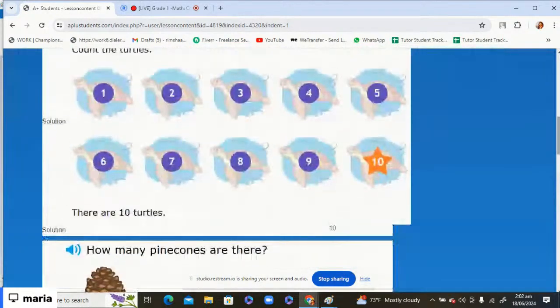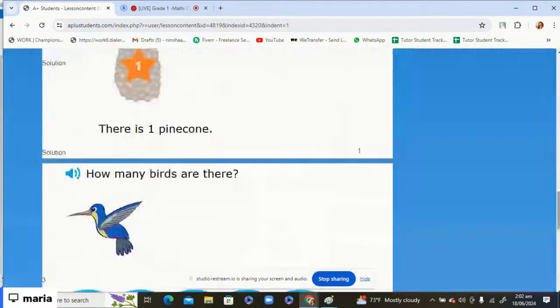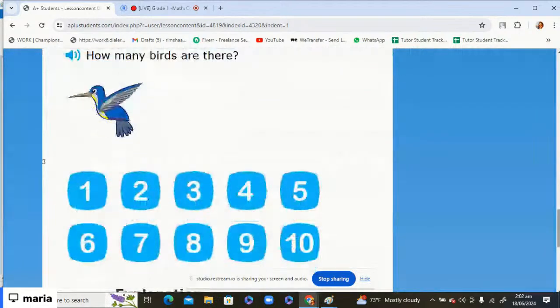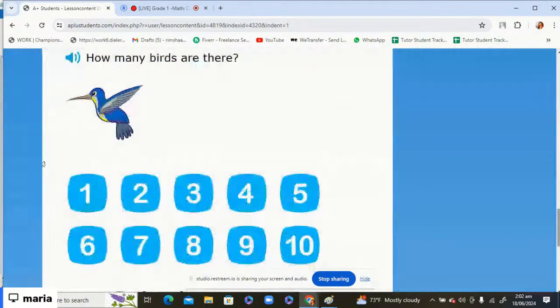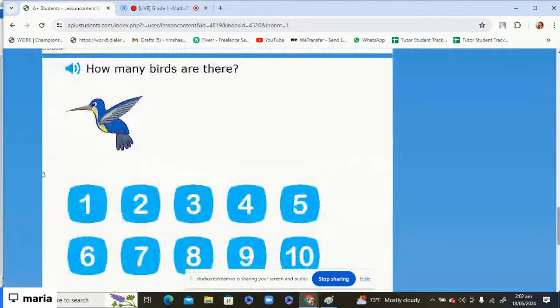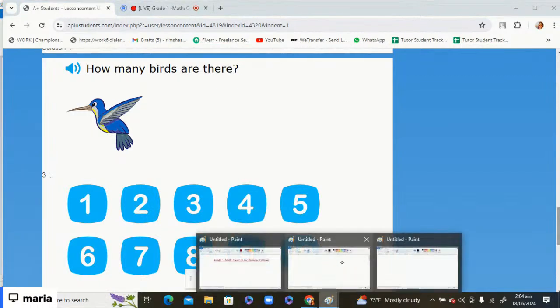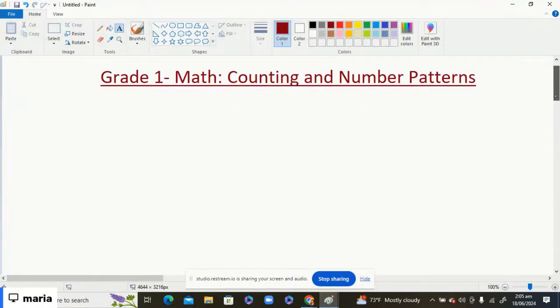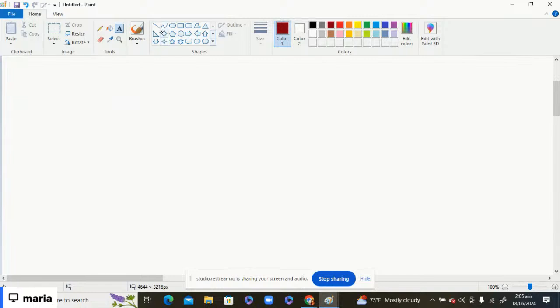So how many birds are there? You counted? How many? It's only one. Good. Now let me draw some different shapes here, and then you just tell me. For example, I'm going to draw a shape of stars. You tell me how many stars are there.